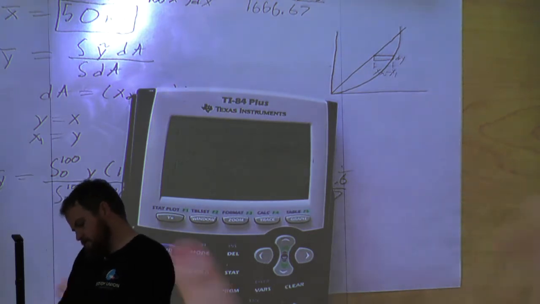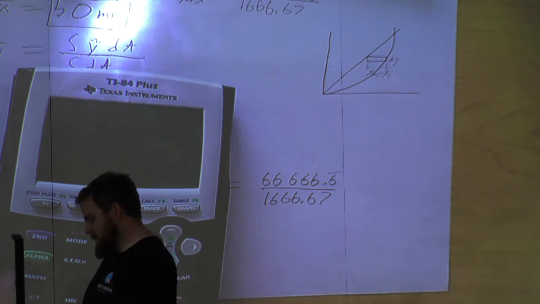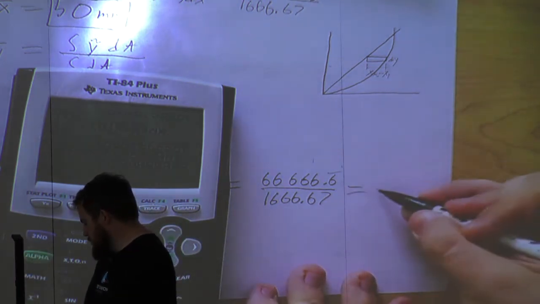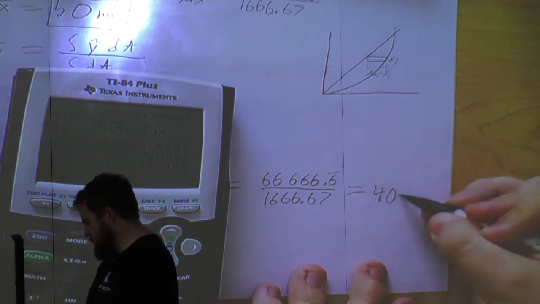And we do. So then let me take this value and divide it by our answer. That gives us 39.999, so 40 millimeters.